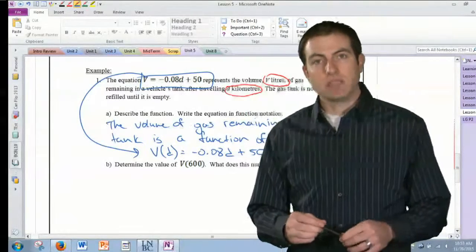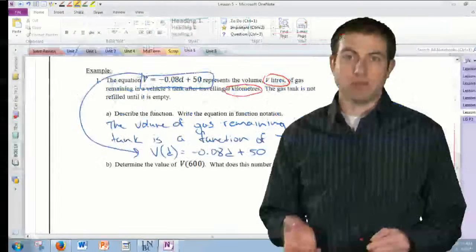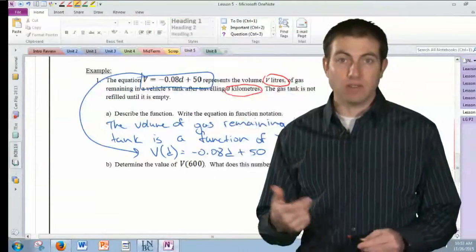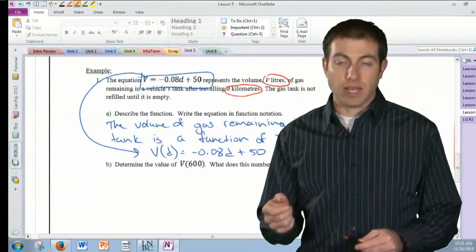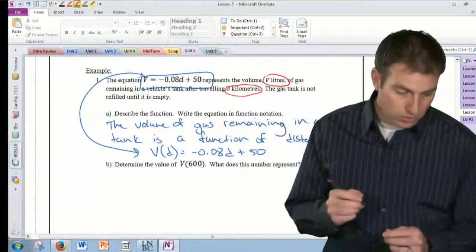So the next part of the question says, determine the volume of gas, V of 600. So this means determine the volume of gas in the tank after you've driven 600 kilometers. V of 600, volume of gas after you've driven 600. So let's start with our equation.